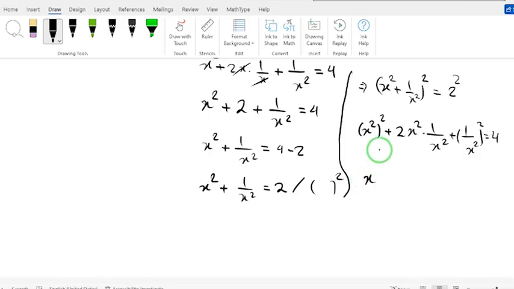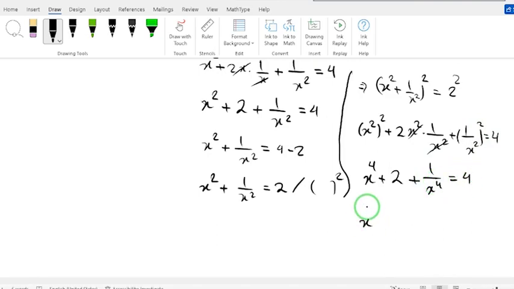Then we can write 2 times 2 is 4, plus we simplify x squared by x squared, 2 multiplied by 1, 2, plus 1 over x squared squared is 1, and here x squared multiplied to the power 2 is x to the power of 4, equal to 4.